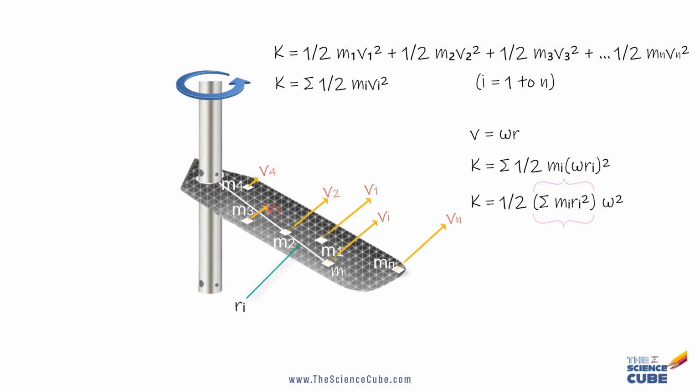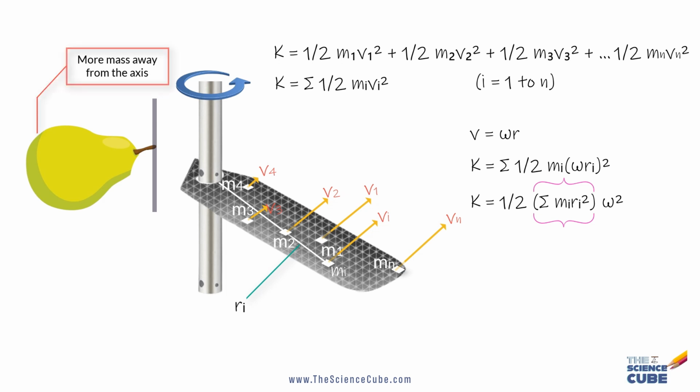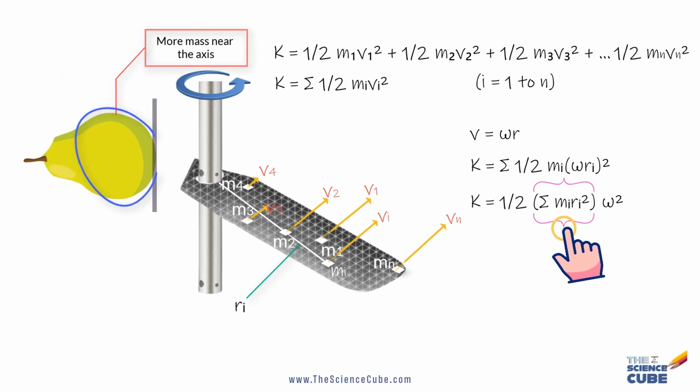Now, this quantity that I have put in brackets is very interesting because it tells us how the mass of the blade or the rotating body is distributed about its axis of rotation. That is, if more mass is situated farther away from the axis of rotation, this value will go up. On the other hand, if it is situated nearer to the axis, it will go down.